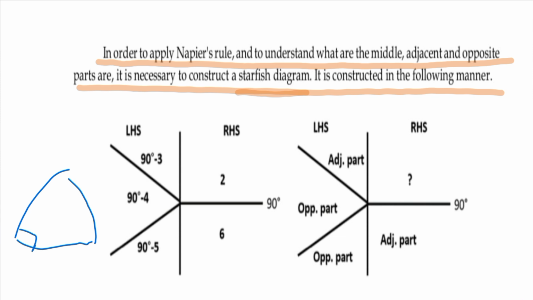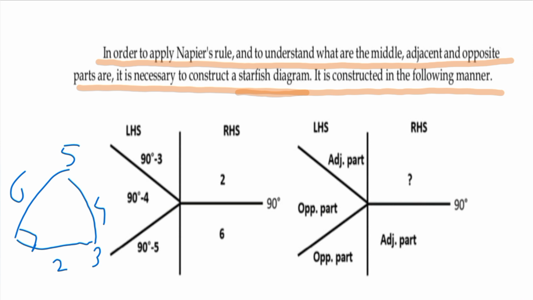Here this is the 90 degree given, and from there we have to go anti-clockwise, that is 2, then 3, then 4, then 5, and then the side angle which comes as 6. So in that manner we have to mark the starfish diagram in that order. So 90 degree will be marked here, and the 2 in an anti-clockwise direction here, and the 3.